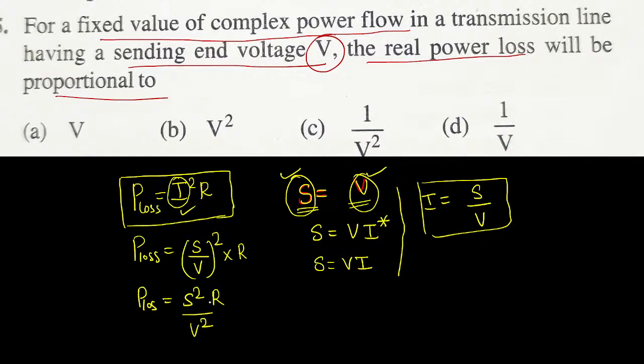In transmission line losses, the value of R is mandatorily required. You cannot negotiate the value of R, so I will just keep R itself. So from this, according to the given data, losses are directly proportional to 1 upon V power 2. So the correct answer is going to be option C. Very simple question, but little thinking is required.